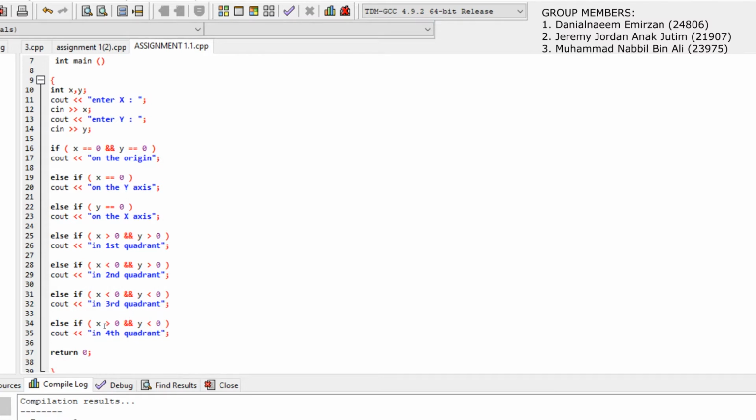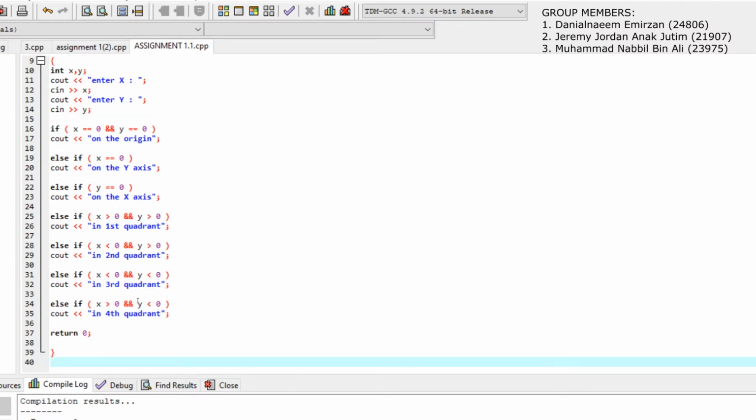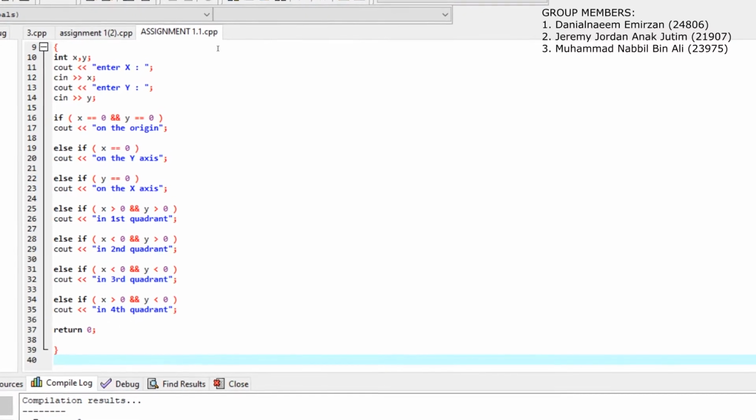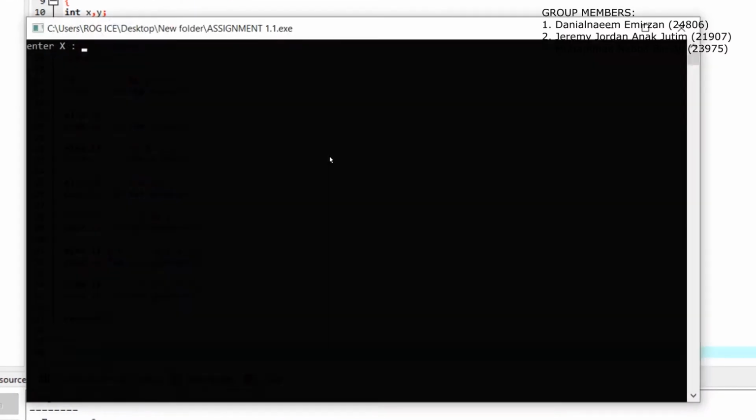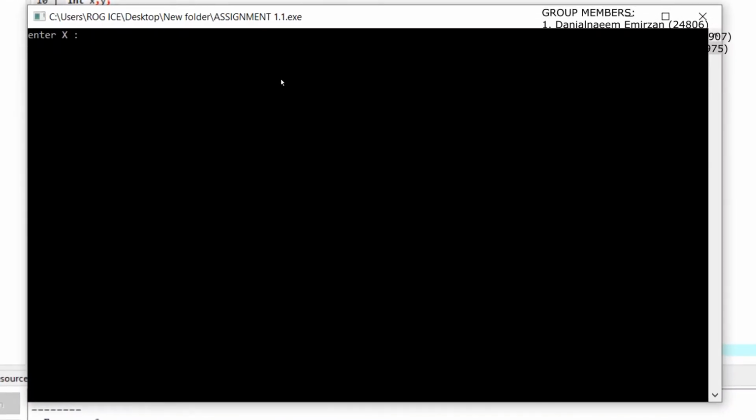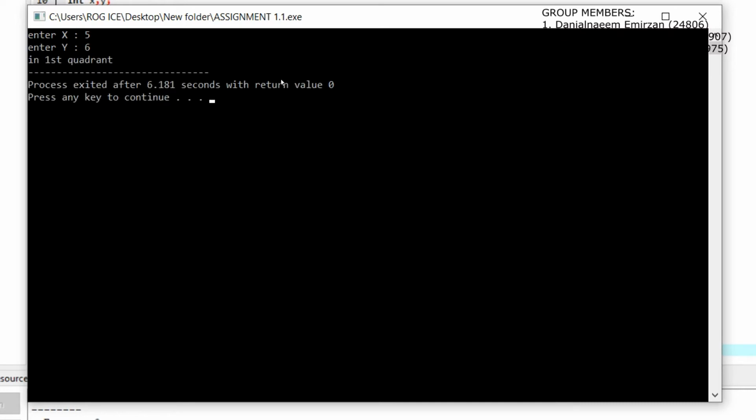Else if x is greater than 0 and y is smaller than 0, it will be in the fourth quadrant. So we will end the program with return 0. And here is the example: 5 and 6. It will be in the first quadrant.